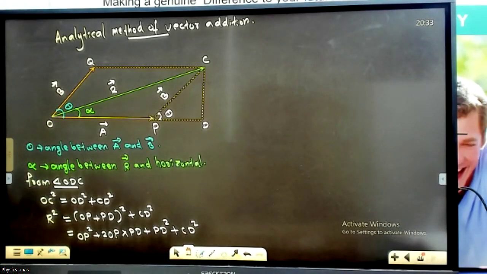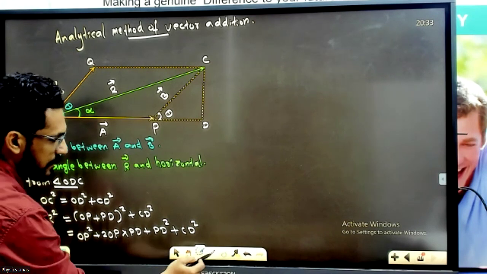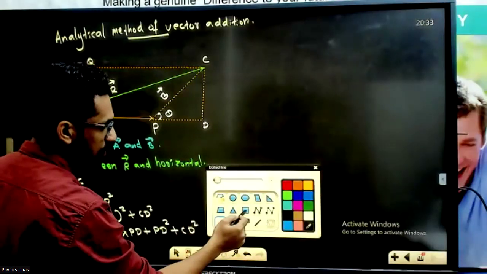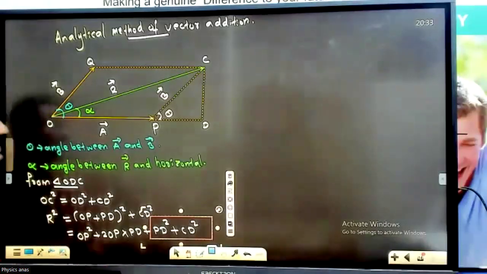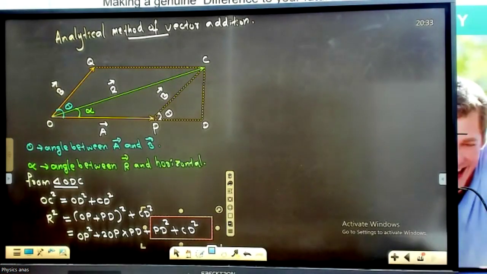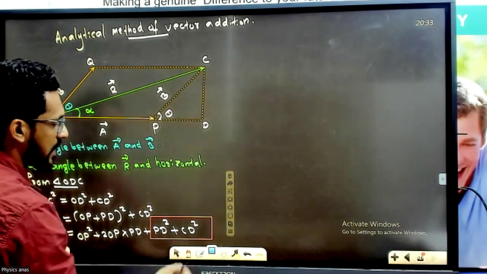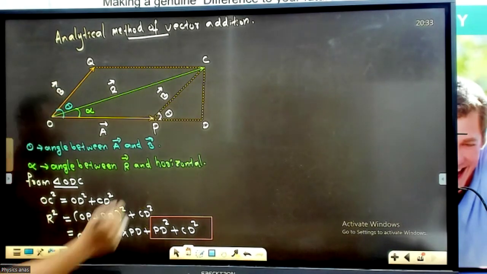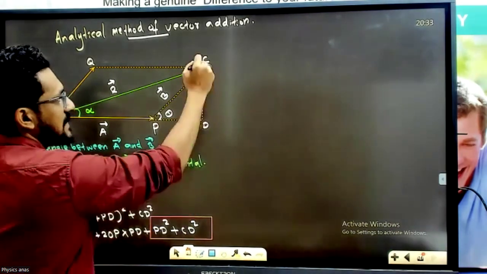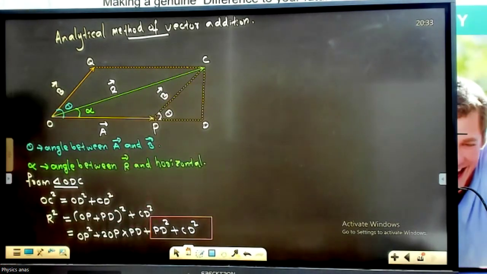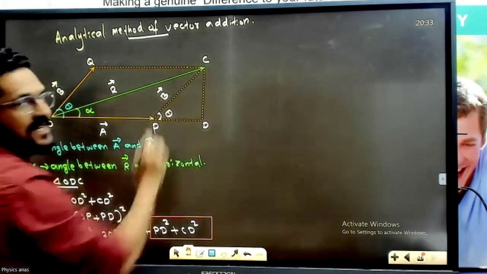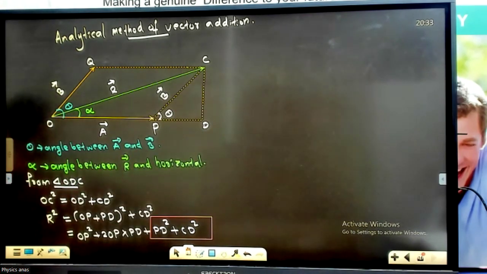Now look here. Who is this PD square plus CD square? PD square plus CD square will be the hypotenuse square, PC square. There is another triangle PDC.